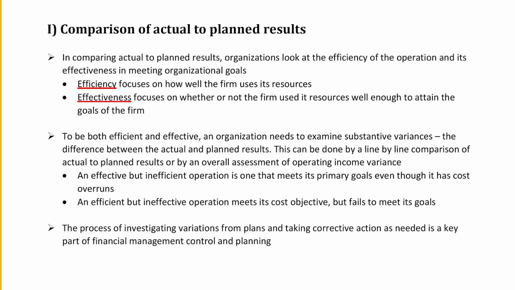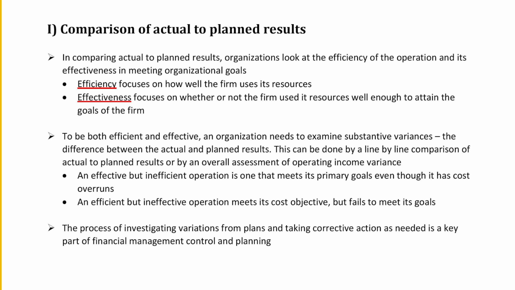Now, to be both efficient and effective, an organization needs to examine substantive variances, the difference between actual and planned results. This can be done by line comparison of actual to planned results or by an overall assessment of operating income variance.